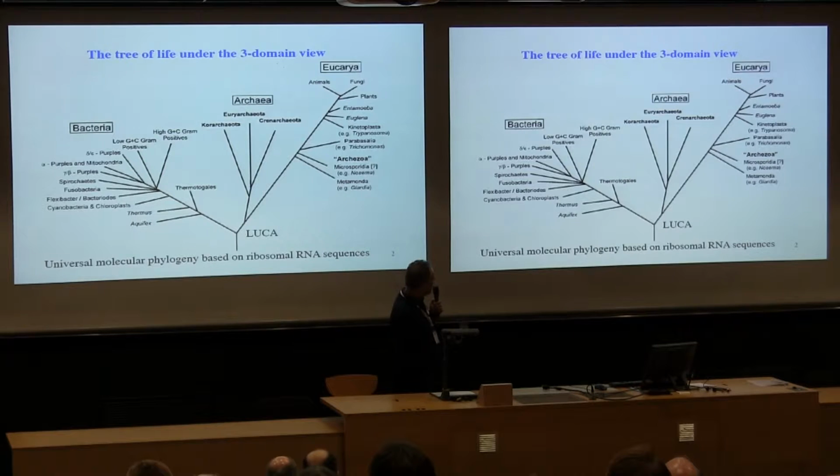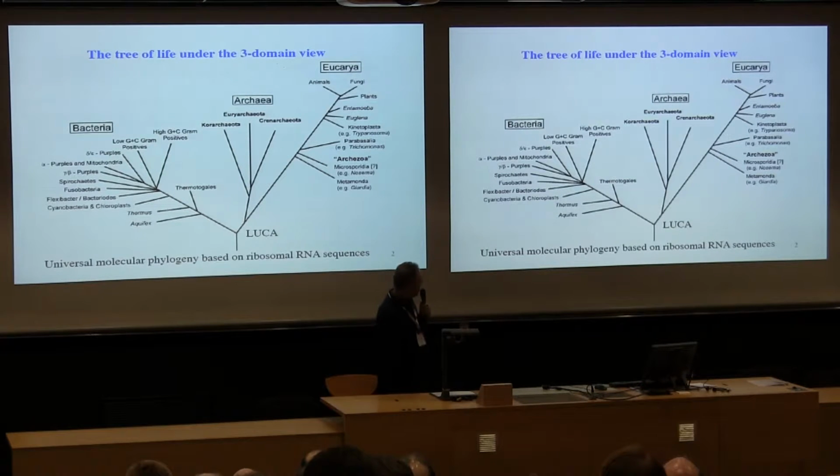The two prokaryotic domains, bacteria and archaea, and the eukaryotic domain. The last common ancestor shared by all these organisms is now often and conveniently called LUCA, for last universal common ancestor.